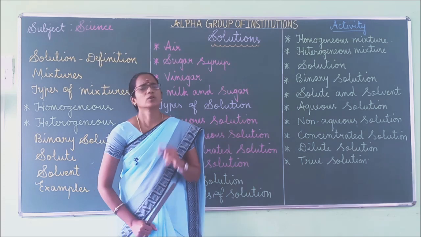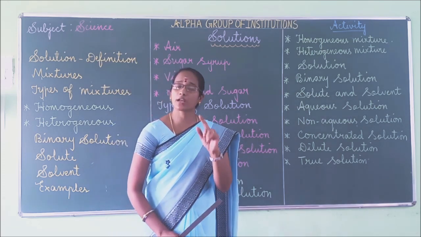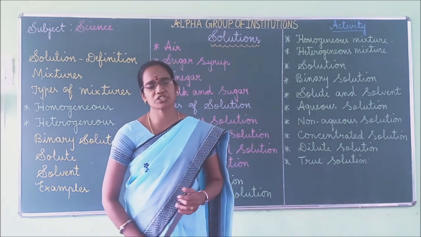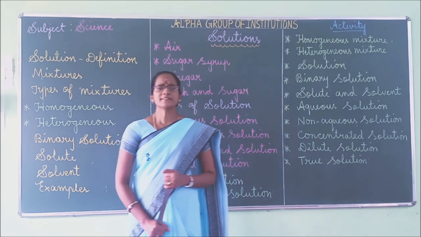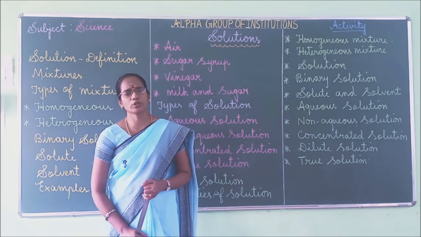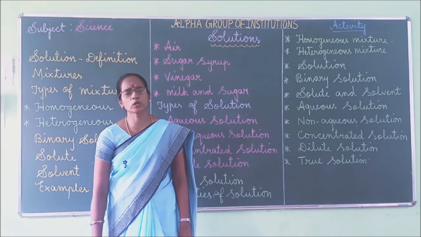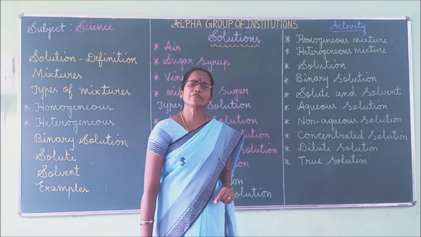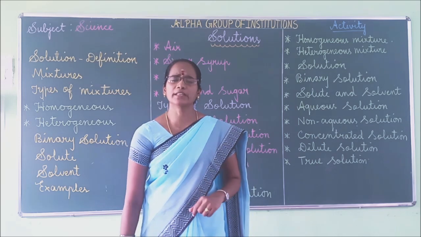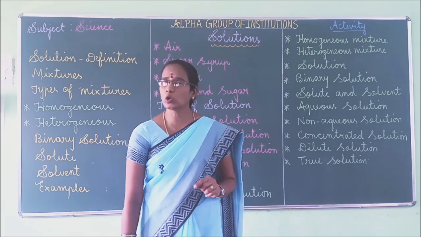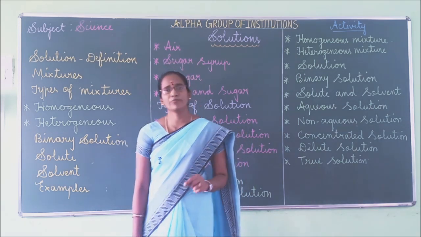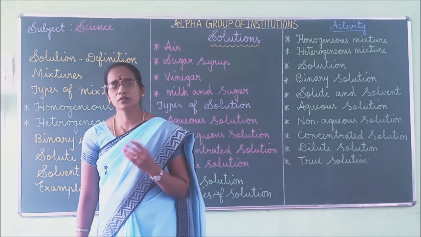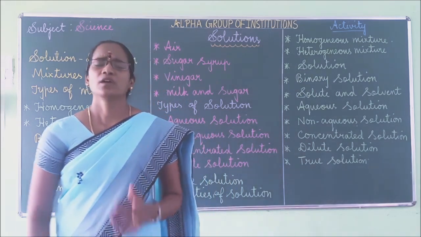All the life forms on the earth are associated with solutions. Plants take solutions of nutrients for their growth from the soil. Most of the liquids found in the human body, including blood, lymph, and urine, are solutions only.